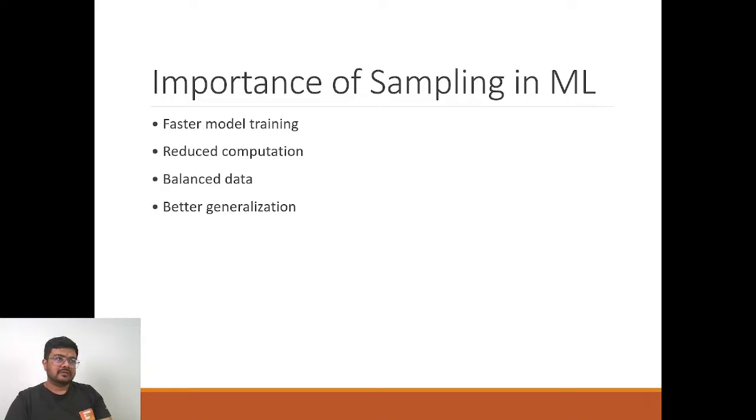So the second point, reduced computation. Consider this, that you have trained your model, but actually instead of training, you have overtrained your model. Your model tends to work very efficiently while training. But you later realize that your model would have trained better even if you had used 50% of the data points rather than using all of them. So this is the case of overfitting.